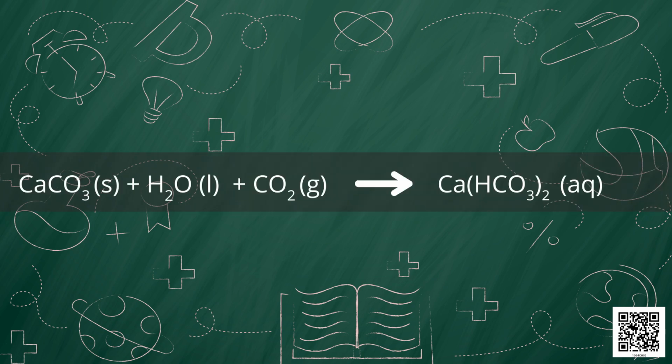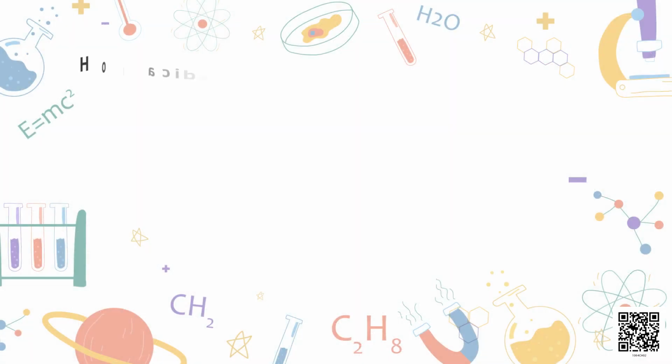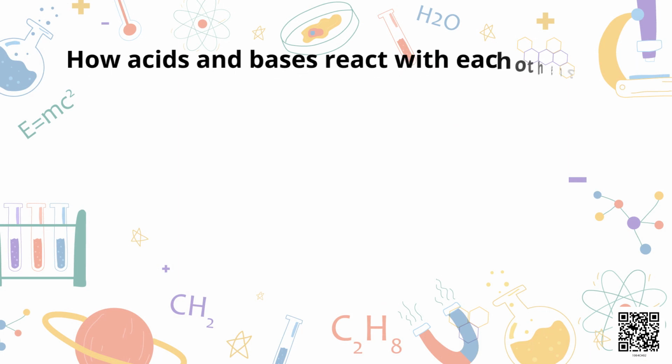When excess of carbon dioxide is passed through calcium carbonate, then calcium hydrogen carbonate is formed, which is soluble in water. We will now see how acids and bases react with each other.